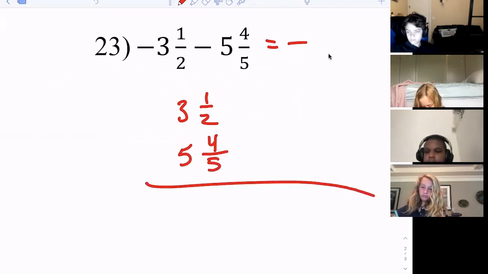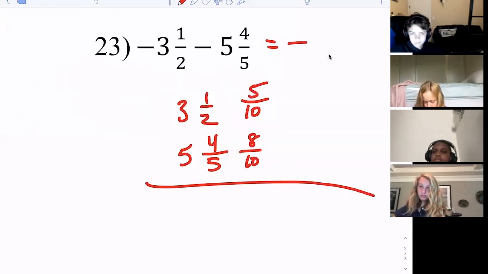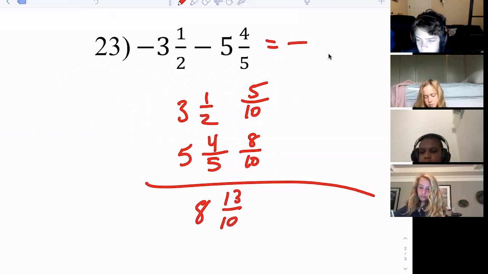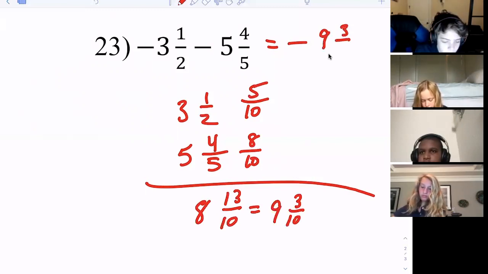Common denominator is 10. So I have 5/10, and I have what? 8/10. When I add them, you should have said I've got 8 13/10, which is the same as 9 3/10. But don't forget they are what? Negative. 9 3/10.